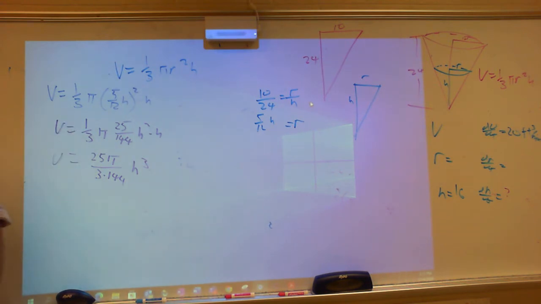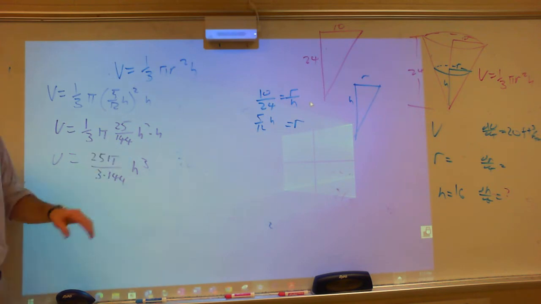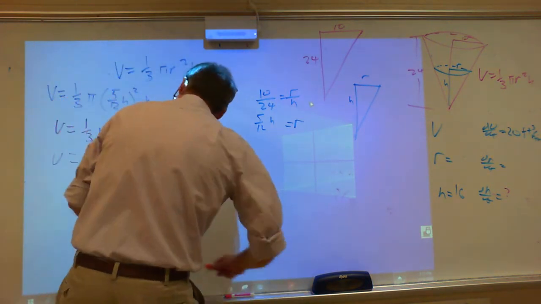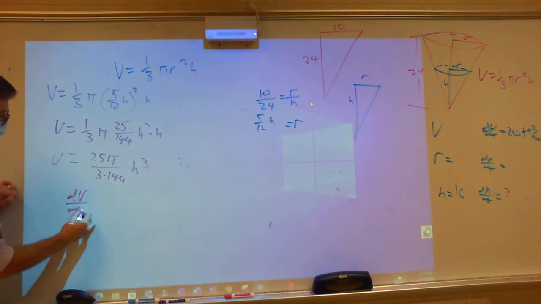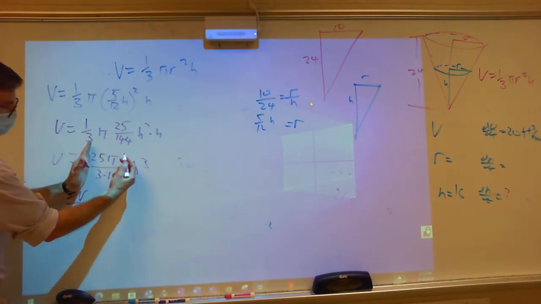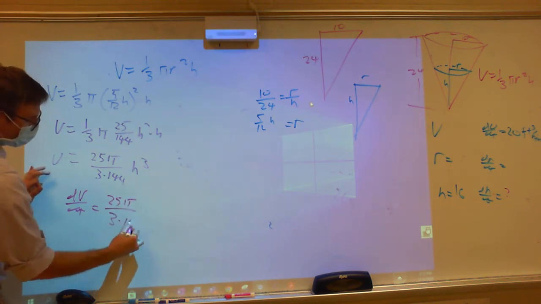Take the derivative. This is almost like our sphere problem at this point. That's just some number, isn't it? Mm-hmm. That's some number that's decoration. And so when I take the derivative of this, I end up with dV/dt is equal to, there's my number, so I get 25 pi over 3 times 144.